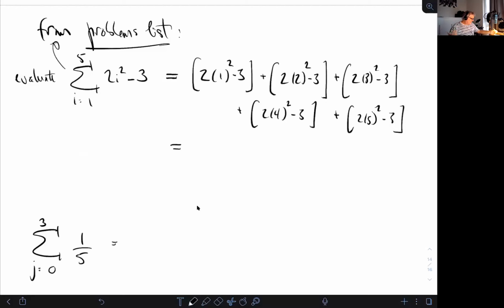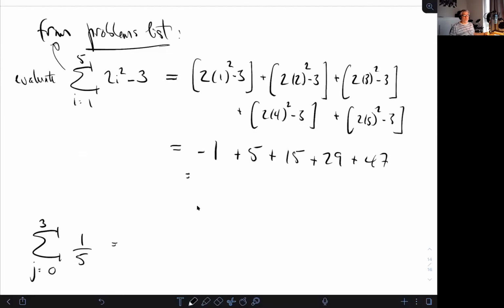So in this case, we'd get minus 1 plus 5 plus 15 plus 29. These look weird. 47, which is some number, which I don't really care about.